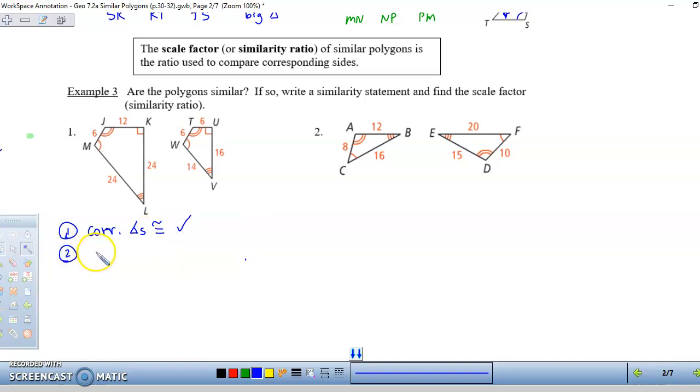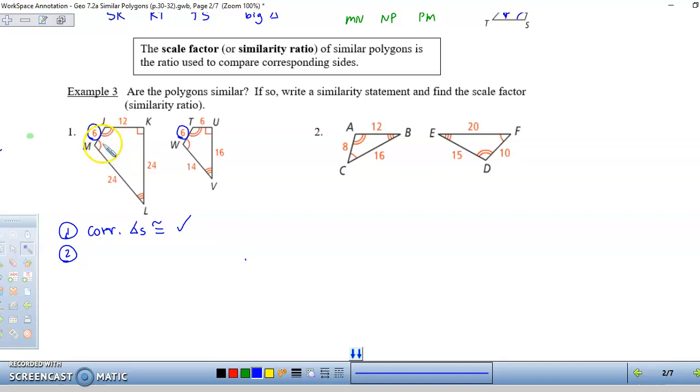Next, we need to figure out if the corresponding sides are proportional. These two shapes are oriented in the same direction, so I'm going to pick corresponding sides. This side here, MJ, corresponds with WT. You can tell because of the angles.